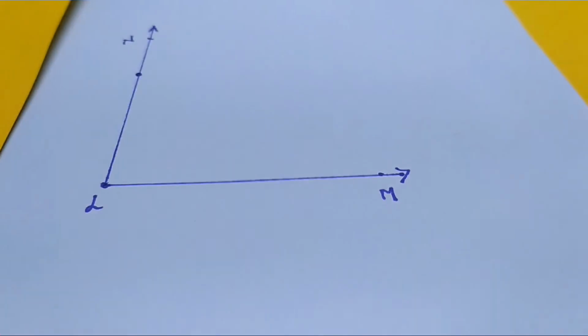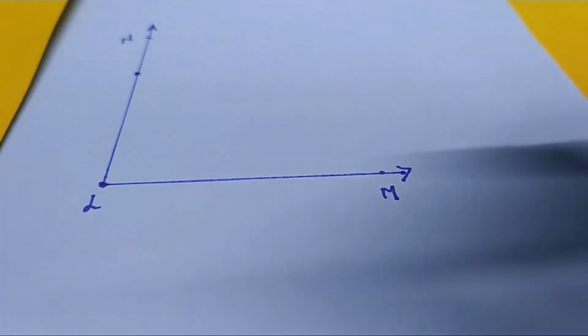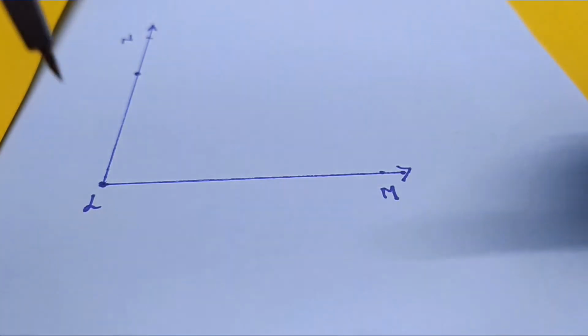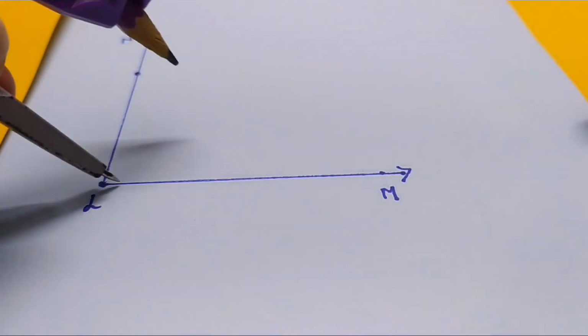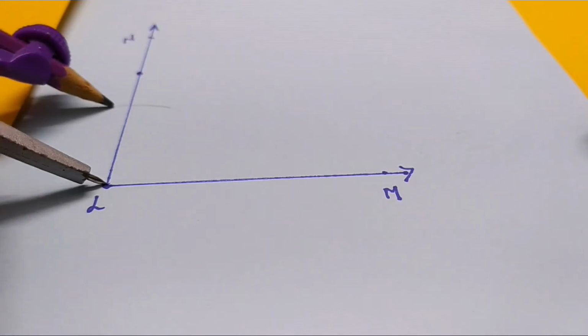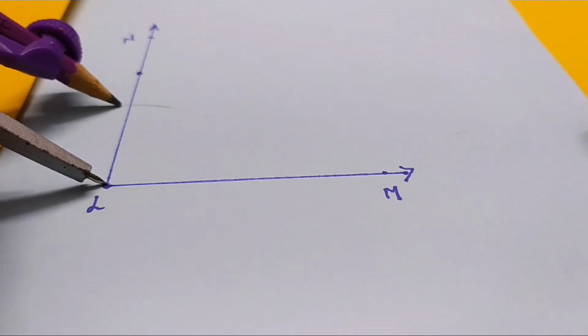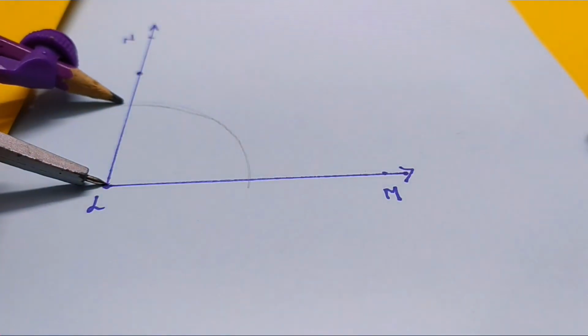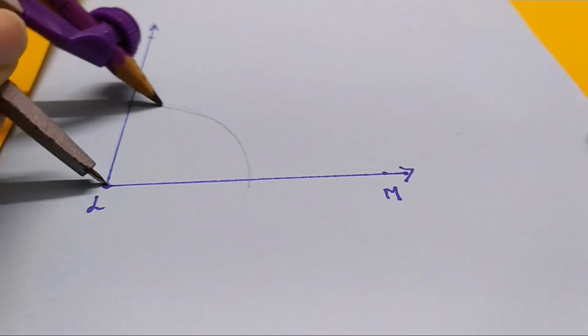Now, by now you might be knowing that what I need to use now is the compass. I'm going to open up to any span on the compass and mark two arcs. One that will intersect ray LN and the other that will intersect ray LM.